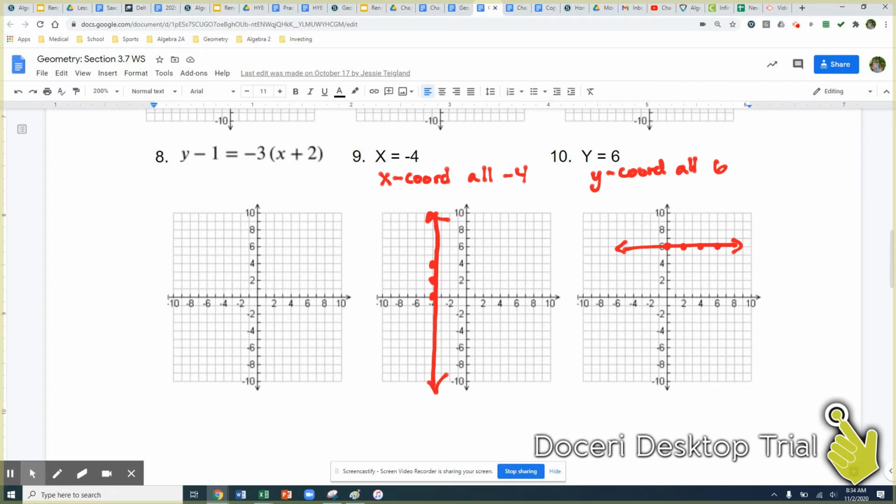So you have x equals equations, y equals equations. Sometimes we see that and we think, oh, we can't graph it. It doesn't have a slope, doesn't have a y-intercept. Well, those are representing to us the coordinates. So all the x coordinates, or all the y coordinates, have to be the same number when we're looking at those things. So just a couple things then from reviewing linear equations in section 7.